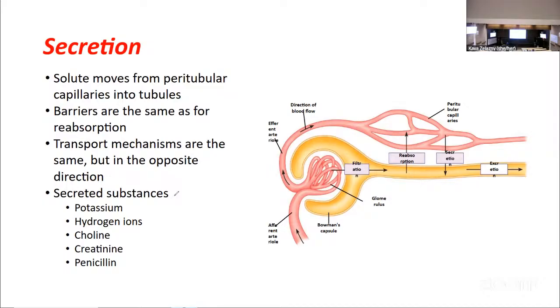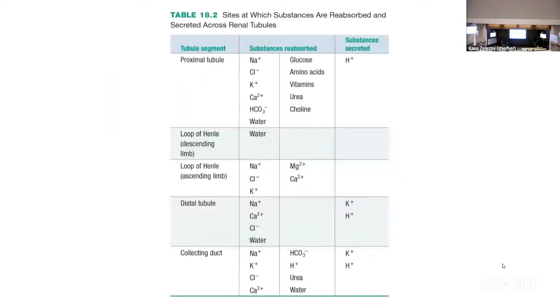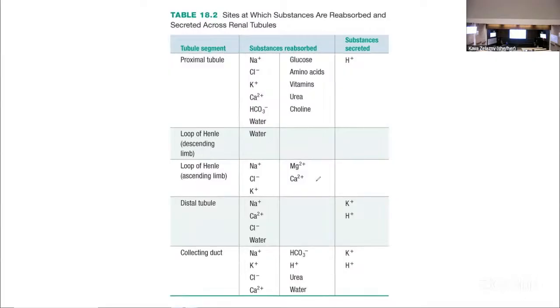Okay. So we've got a table from our book. Just want to bring to your attention in case you want to make sure that you're being thorough, knowing what can get reabsorbed, what gets secreted, and where. So we've split out the nephron by segment. So proximal tubule, a loop of Henle will go through next, distal tubule, collecting duct.